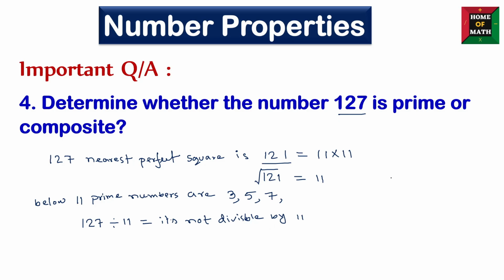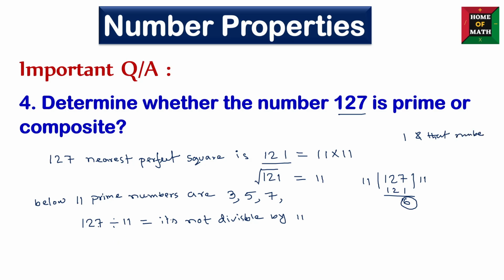To make it clearer: 127 divided by 11, here is 11 times 11 is 121, and the remainder is 6. A prime number will not be divisible without a remainder, and a prime number can only be divided by 1 and that number.